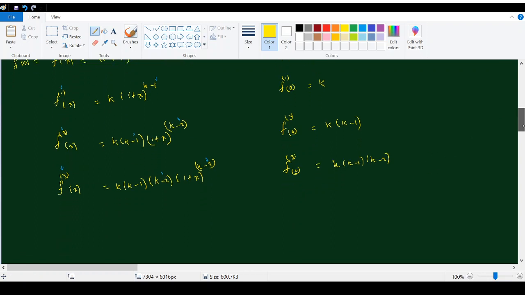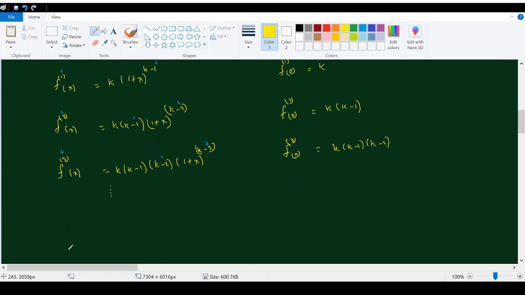Likewise, if we proceed like that, the nth derivative will be equal to k times (k minus 1) times (k minus 2), and likewise it will go up to k minus n plus 1. See, this same pattern will continue, and the power you will get is k minus n, right?